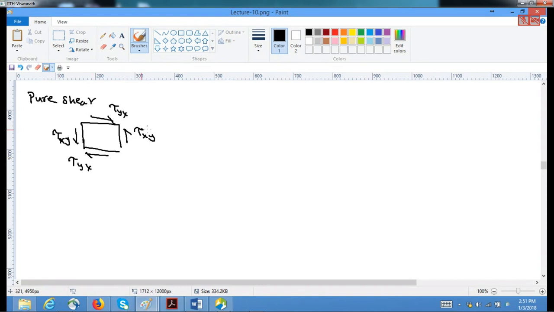So if I draw the Mohr circle for this kind of stress state, sigma, and this is tau. On this there is no normal stress, so this is 0, and the shear stress is clockwise.